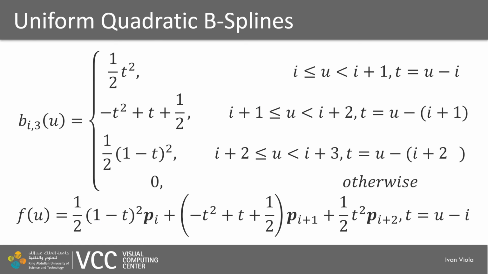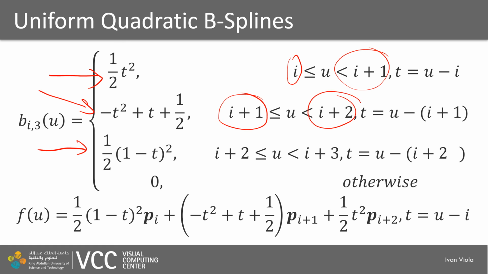Let's have a look at the quadratic B-spline. A quadratic B-spline is defined with not 2 terms, but 3 terms. Here is the first term, the second term, and the third term, and always for a particular range. So here u is between i and i plus 1, here between i plus 1 and i plus 2, and here between i plus 2 and i plus 3.